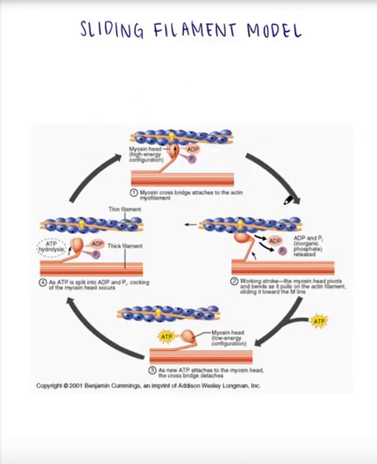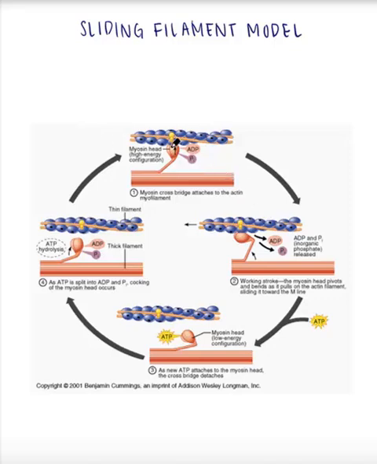Within a sarcomere, we're going to contract and shorten the sarcomere distance. The way we do that is the myosin head attaches to the actin filament, and then does what is called a working stroke, pulling the actin filament to the left.